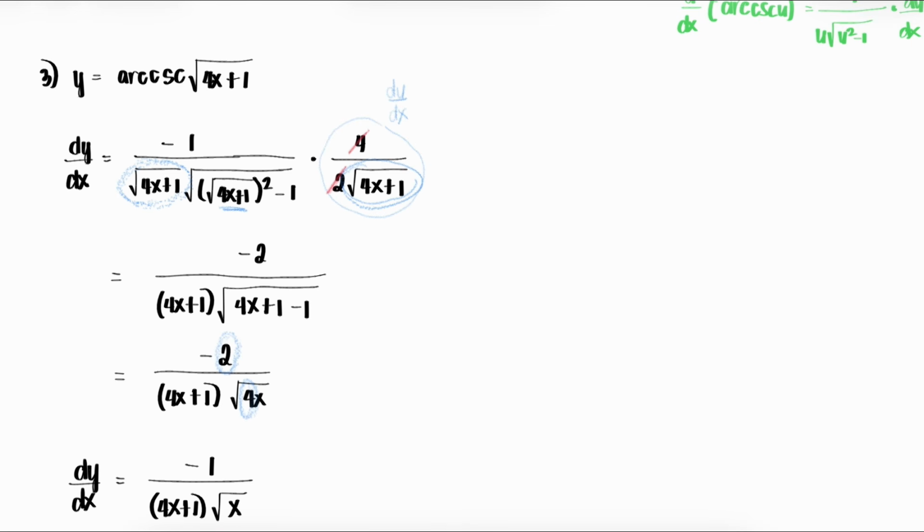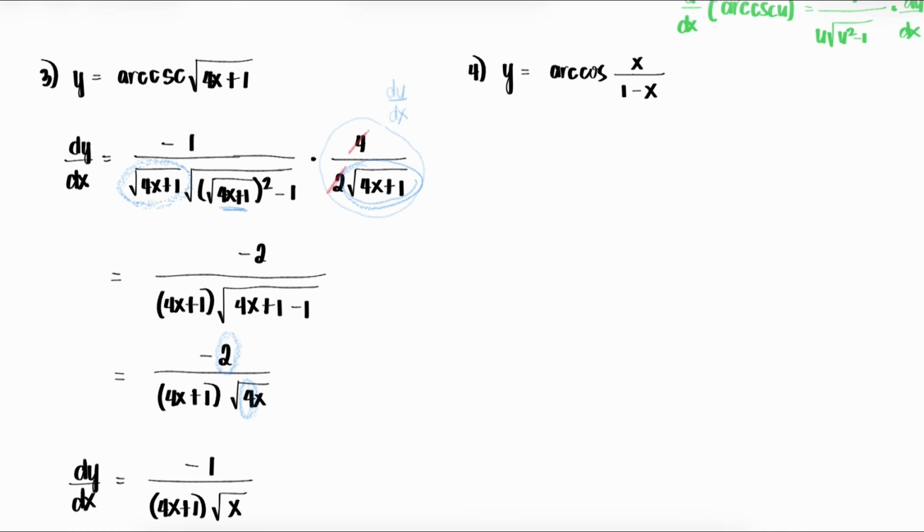Alright, another example. Let's find the derivative of y equals the arc cosine of x over 1 minus x.